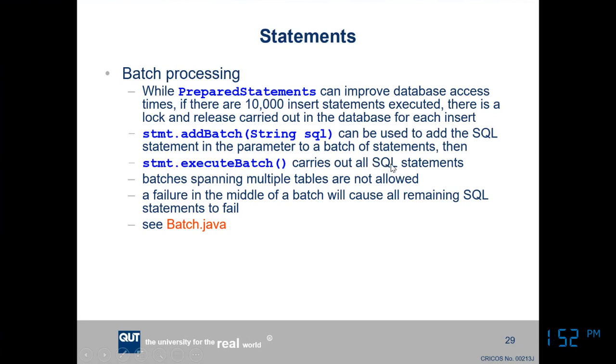And all that does is it indicates the start of a transaction, it executes all your SQL, and then it concludes that particular transaction. But there are some caveats associated with it. You can't have a batch that spans multiple tables because only a single table is locked at a time. And so it needs to actually know in advance what tables you're doing all this work on.